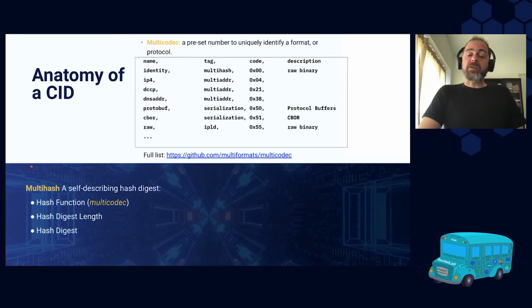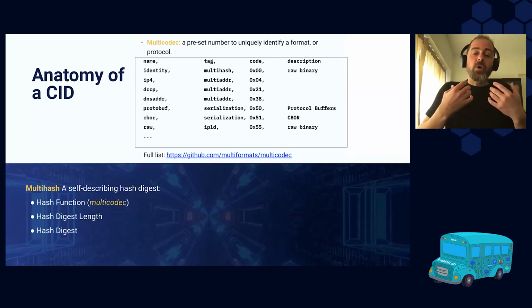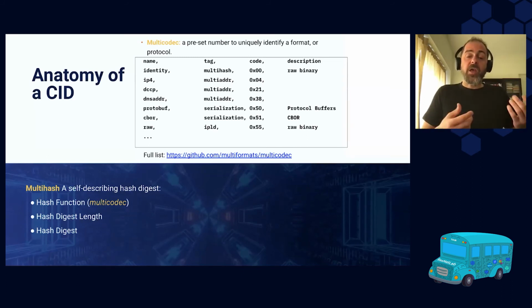Now, the multi-hash, which is the part that we have seen in the slide above, is a self-describing hash digest. It has the hash itself, but it also includes the hash function, which is itself a multi-codec, and is included there so that someone that receives the CID knows which function has been used to hash the content itself.